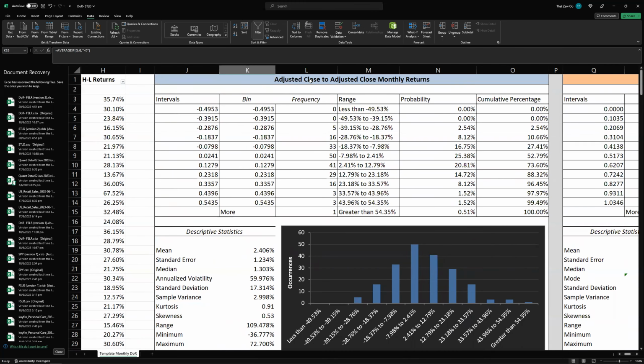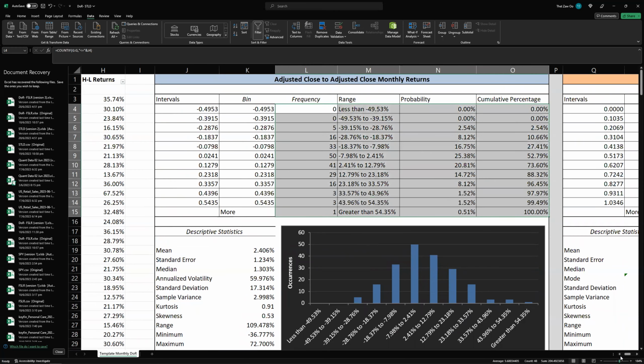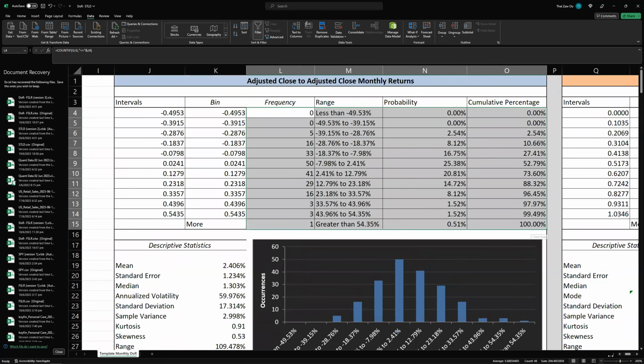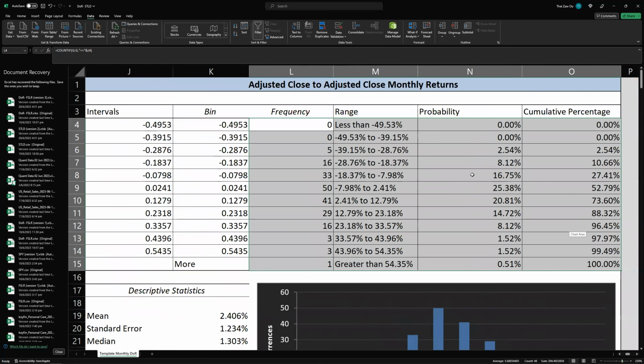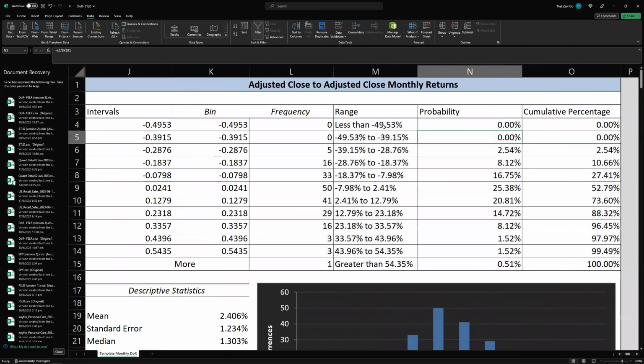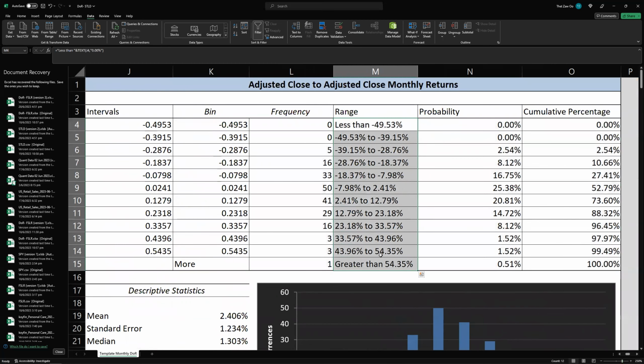So we are looking at close to close. The high to low we will settle later. So now you need to understand how to read this table. This table is very important. These are the ranges. This range is referring to your monthly return of First Solar.